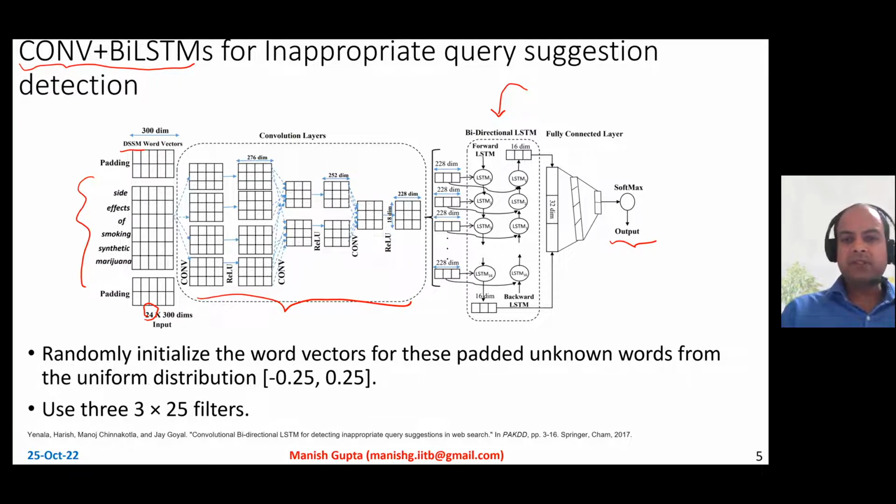Here, the word embeddings were randomly initialized, but as I mentioned, one could use any other word embedding method as well. Also here, three different convolution layers were used, but you could again use a different number of convolution layers. In this time period, convolution plus LSTM methods were pretty popular for various kinds of NLP tasks. And that is why convolutional BiLSTMs were proposed for this classification task of predicting whether a query suggestion is appropriate or not.